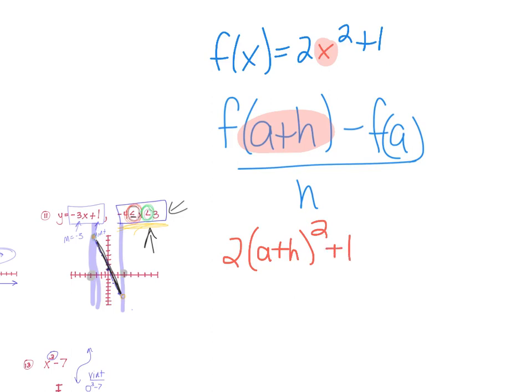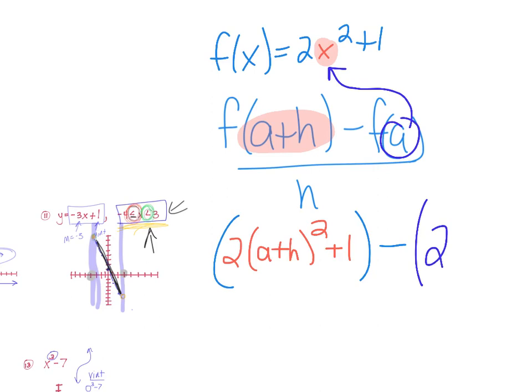I'm going to put this in a big parenthesis. And then I have minus, what do they want me to do here? The same thing again, but what do they want me to plug in now? Just the a. So it's 2a squared plus 1. All this is over h.